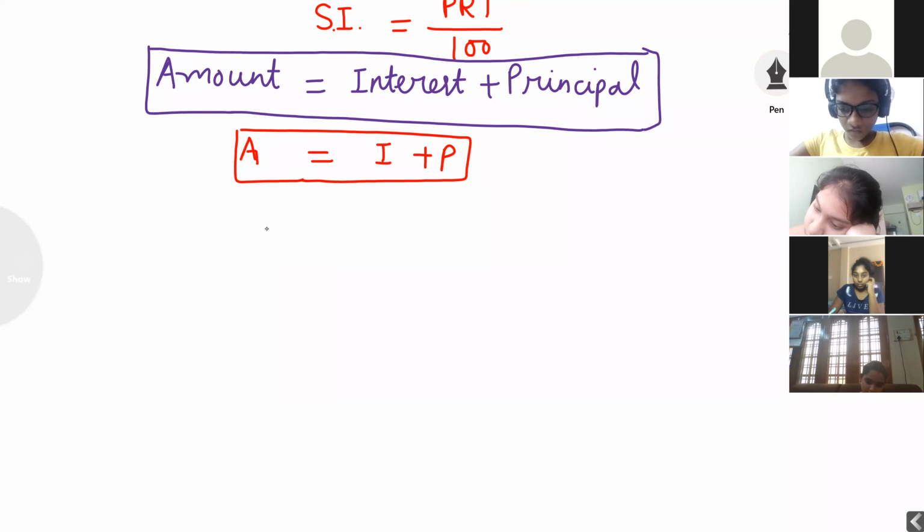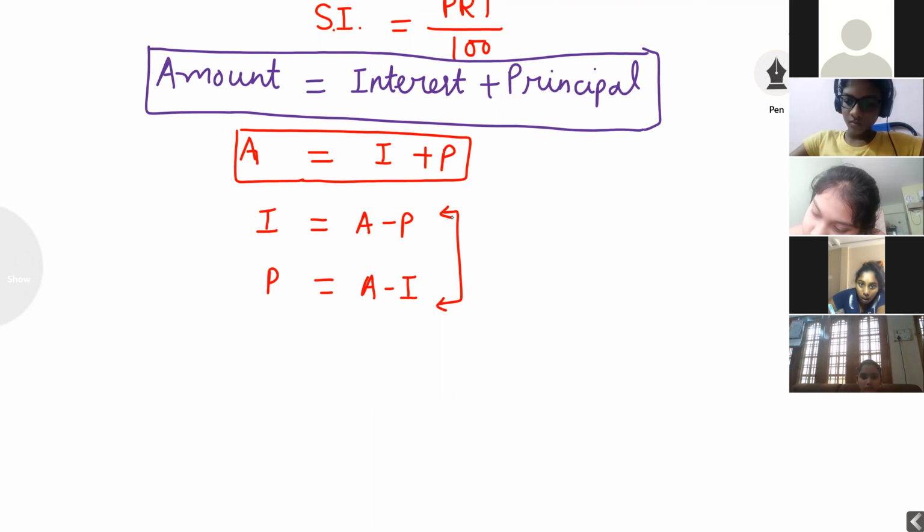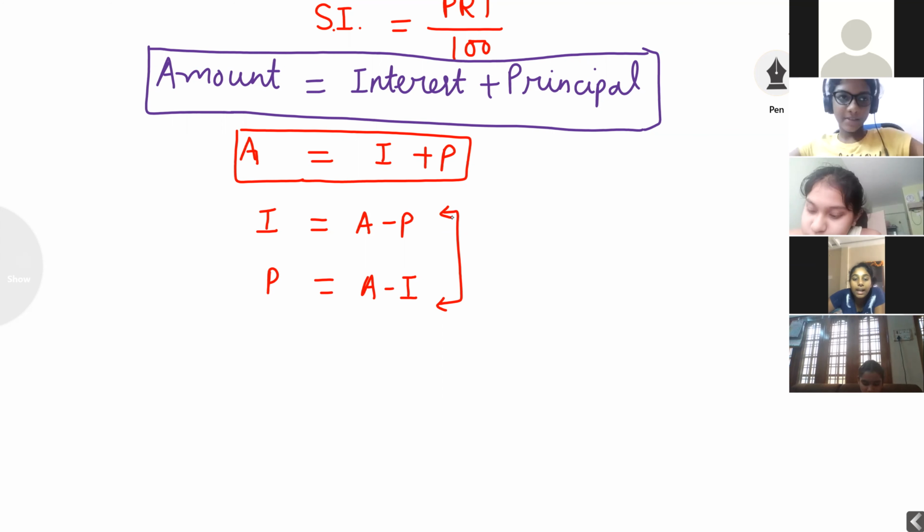Now interest is equal to amount minus principal. Principal is equal to amount minus interest. Two more formulas. What is I here? Don't say I for ink, I is for interest. Interest is equal to amount minus principal. Principal is equal to amount minus interest.